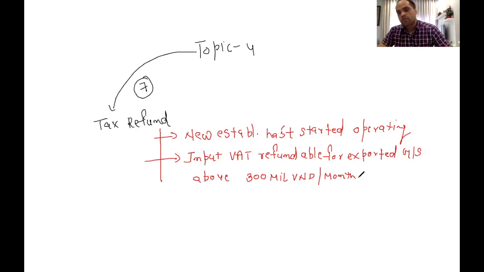So any business that is exporting a minimum of 300 million Vietnam dong of goods per month, for those kinds of businesses, we can get a refund for input VAT, right?